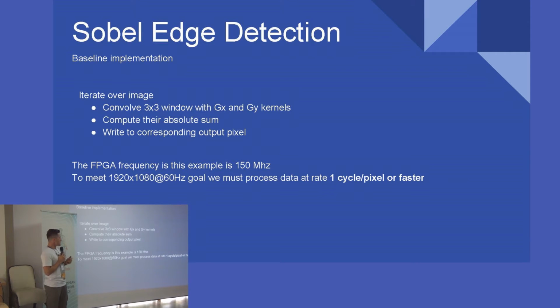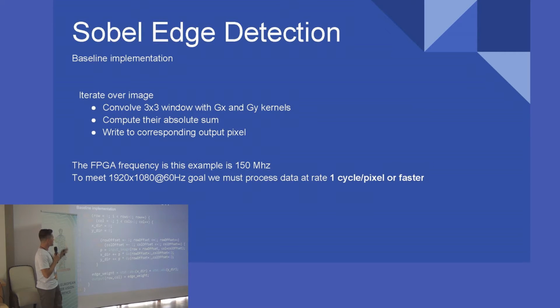But at the same time, this small device will be able to process full HD video at a rate of 60 hertz. With Sobel detection, we convolve each pixel with a 3x3 window to compute horizontal and vertical derivatives, and then we compute their absolute sum to get the edge for the corresponding pixel.